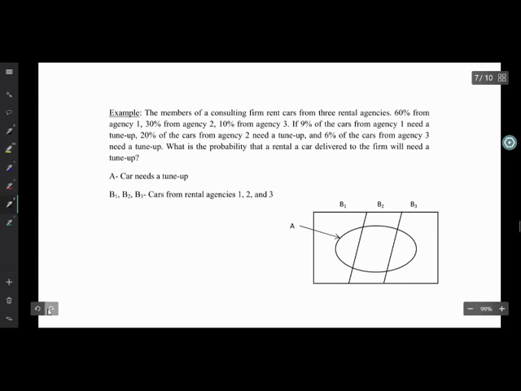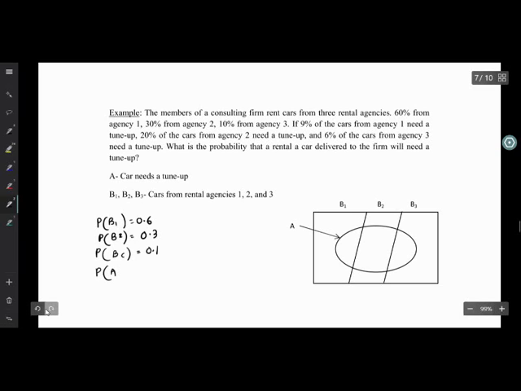Okay. So let's note down the probabilities we know. We know that the probability of selecting from the first company is 60%, second company is 30%, third is 10%. You can see that if you add these probabilities, you get the whole sample space. That is 100%. 60% plus 30% plus 10%. And then we have the conditional probabilities.